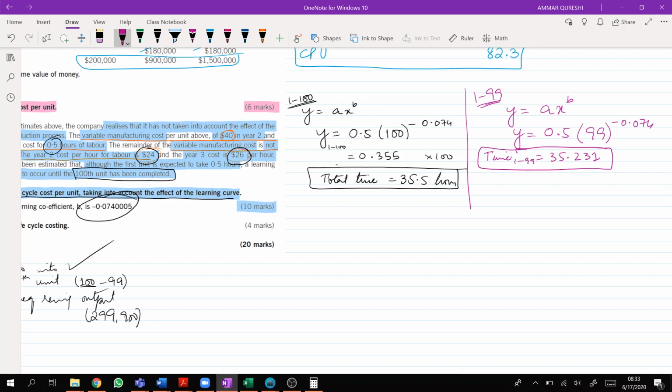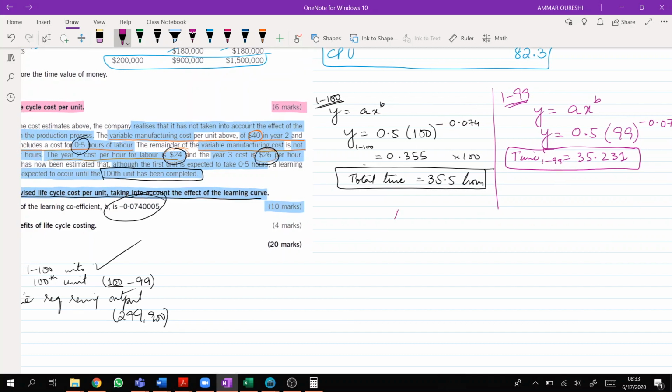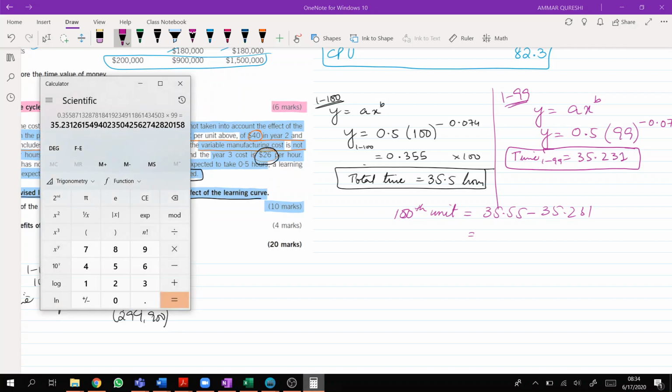Right? So what will be the time required for 100th unit? 100th unit time will be 35.55 minus 35.231, and that is equal to what? 35.55 minus 35.231.